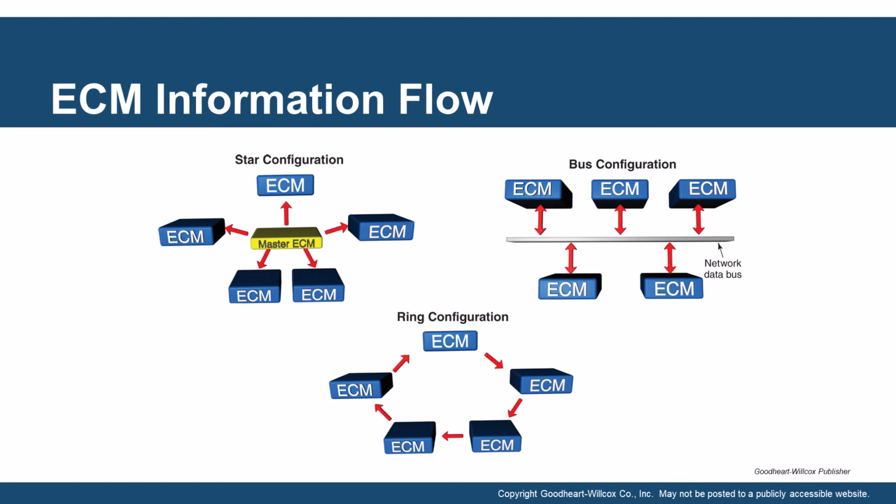And if you look to the right, you'll see what they call a bus configuration. This is the most common today that you'll see out there. The bus configuration is what we use with CAN data networks. And on the bottom, you'll see a ring configuration where the information has to be transferred in a circular motion between control units. This is very common on some of the fiber optic sound systems that are out there, usually coupled with the star system.